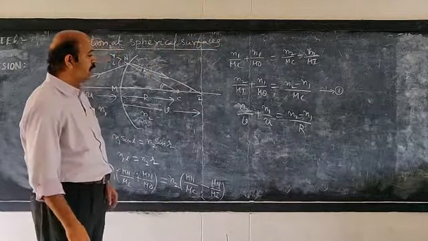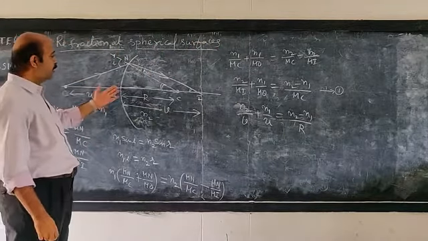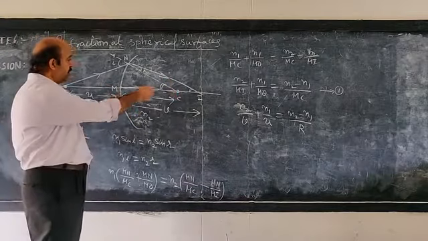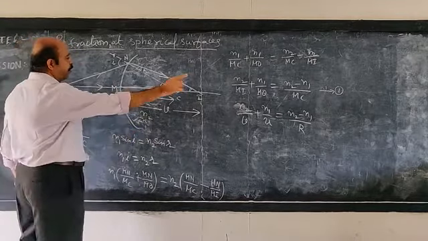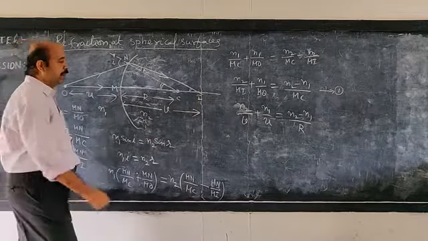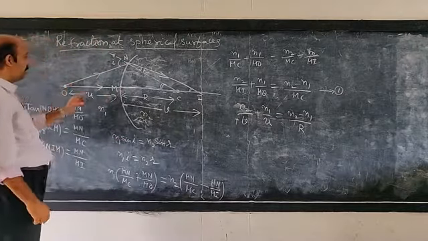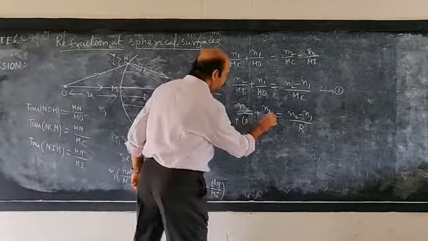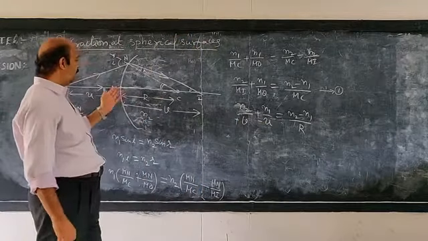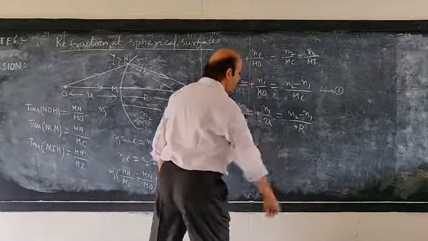Now let us use the sign convention. Here v is the image distance. You are measuring the image distance in the direction of the ray, therefore that is positive. And u, that is MO, is measured in the opposite direction of the incident ray, therefore it is negative. The radius of curvature is again measured in the incident ray direction, hence it is positive.